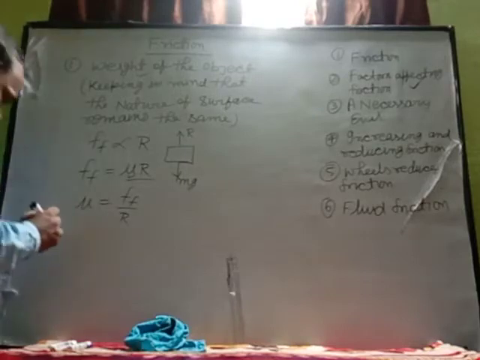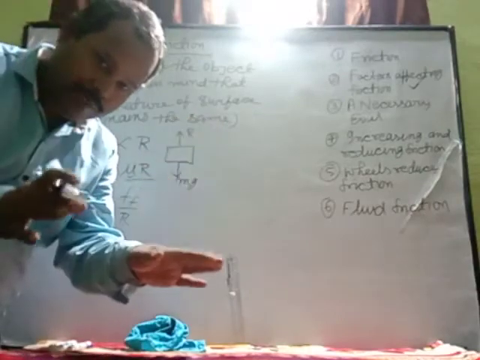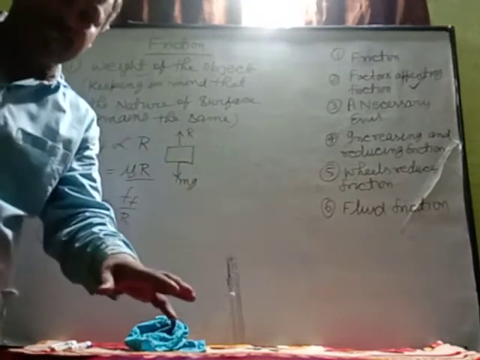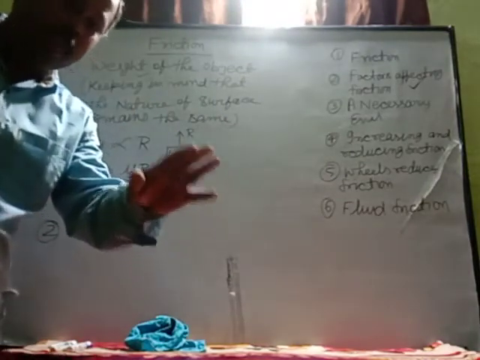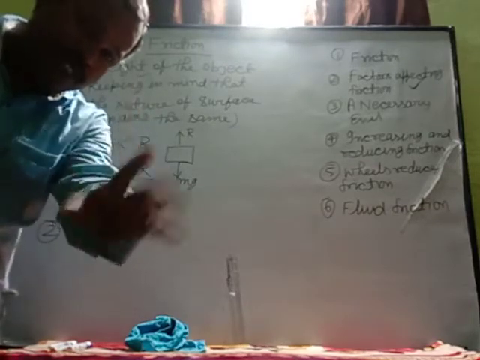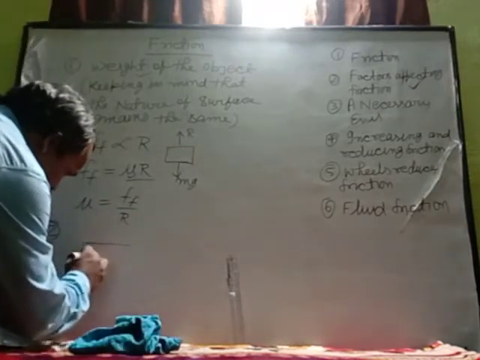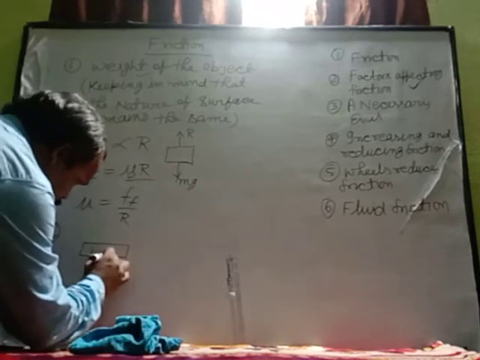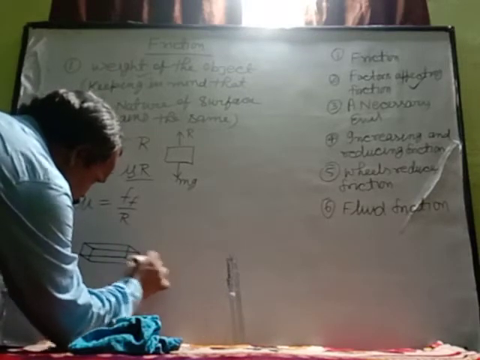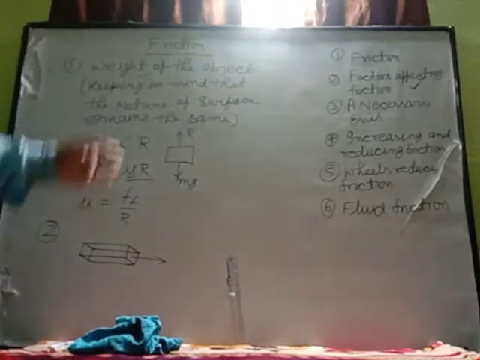But you remember, number two, force of friction is independent of the area in contact, provided that the nature of the surface remains the same. As for example, suppose you have this block, and you are pulling this object towards you from right to left.